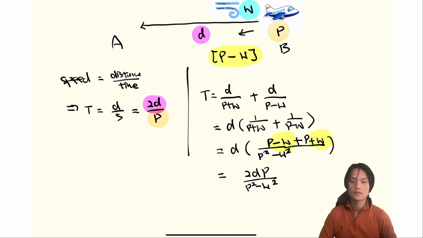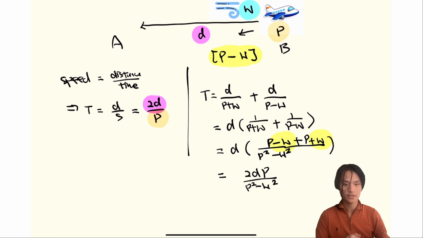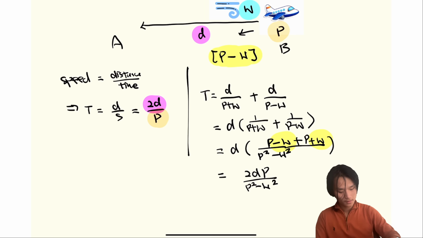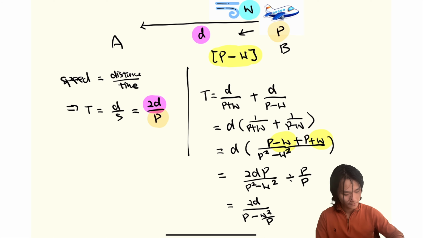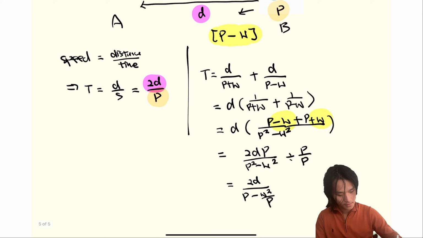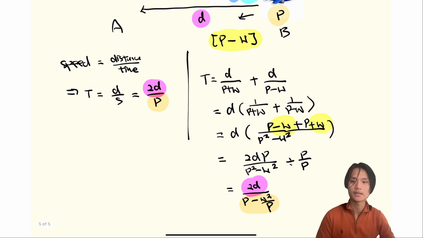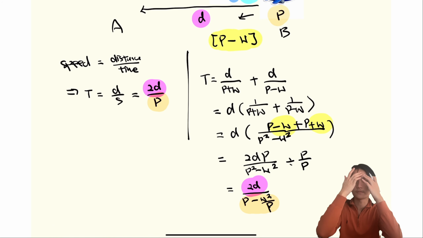Now, we're going to divide the whole fraction by P over P. So the top, we are left with 2D, and for the bottom, we are left with P minus W squared over P. And this is the important expression. Distance is 2D, and then the speed overall is P minus W squared over P.